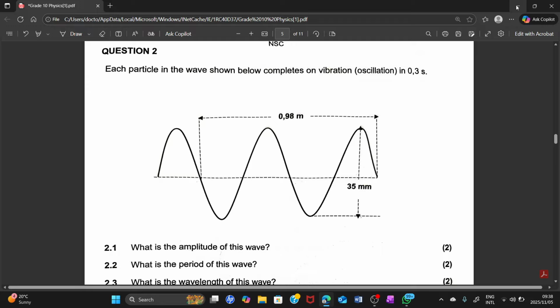Okay, we look at the amplitude of this wave. Let's see what is happening. Is the amplitude given there? Let's look at it. The amplitude is going to be 35 divided by 2, because from here to here is 35.